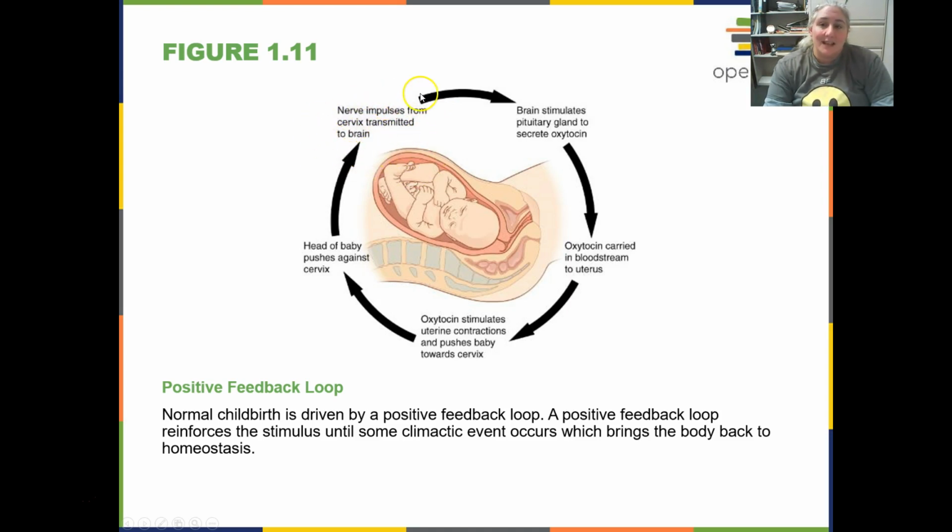Hypothalamus takes that information and tells the posterior pituitary gland to secrete more oxytocin. Oxytocin then moves back to the uterus, which stimulates more uterine contractions. So this occurs continuously until the baby is expelled from the body. That's that climactic event that we're talking about. So this is an example of a positive feedback loop.